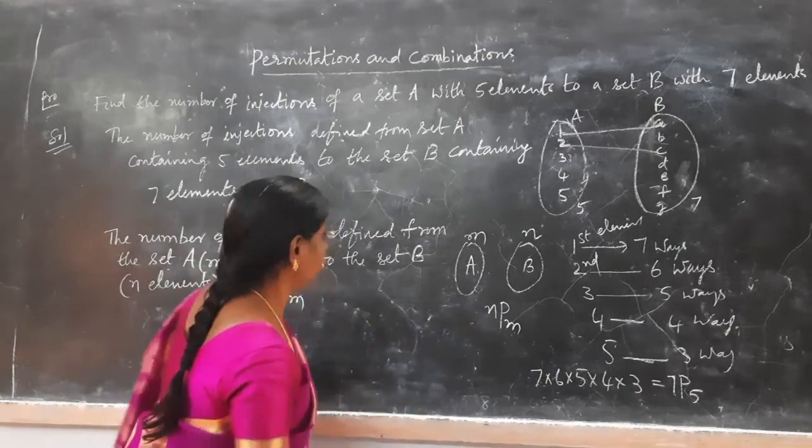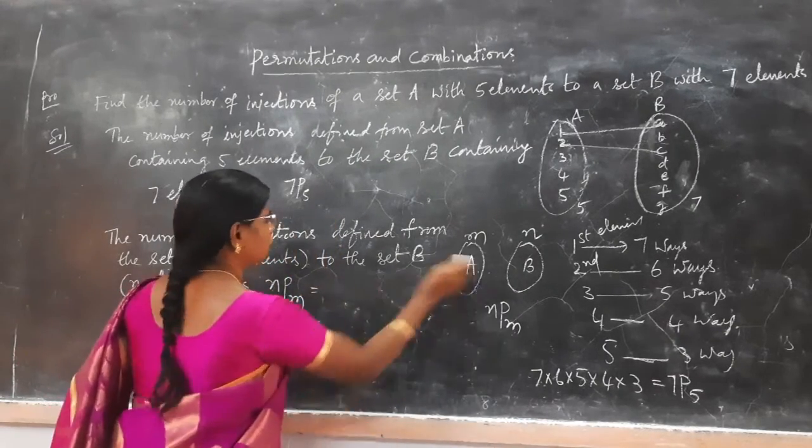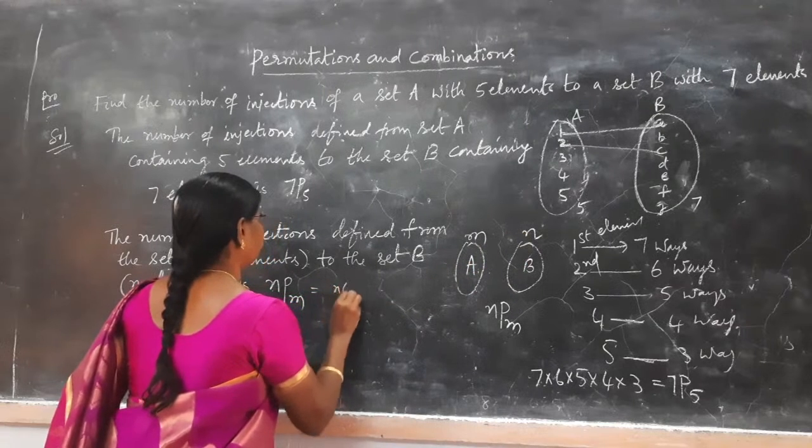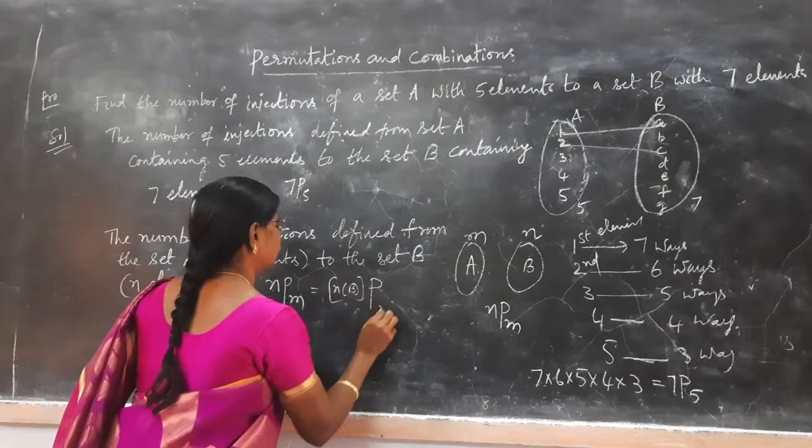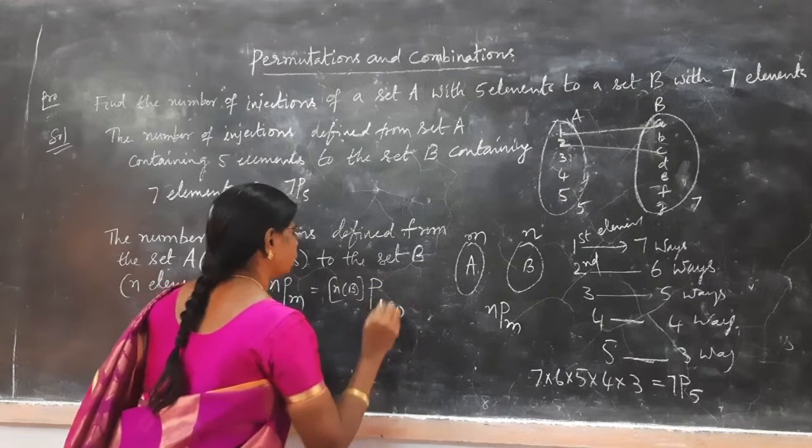See here, nPm. This is nPm. What is n(B)? The number of elements in B. n(B)Pn(A). Okay.